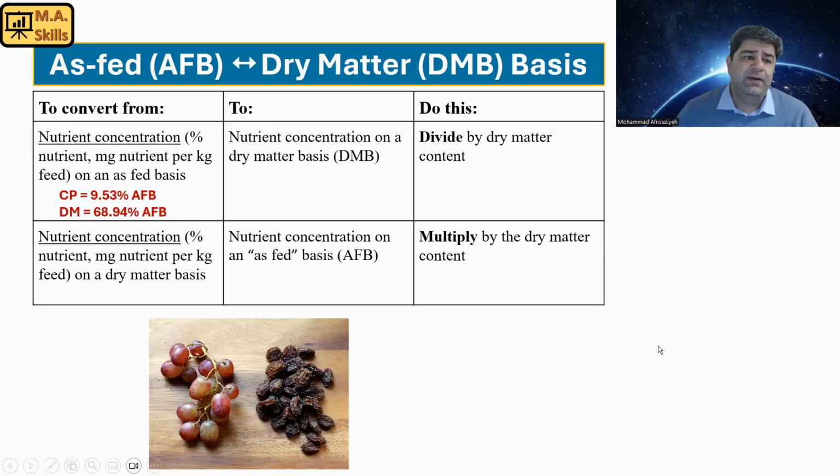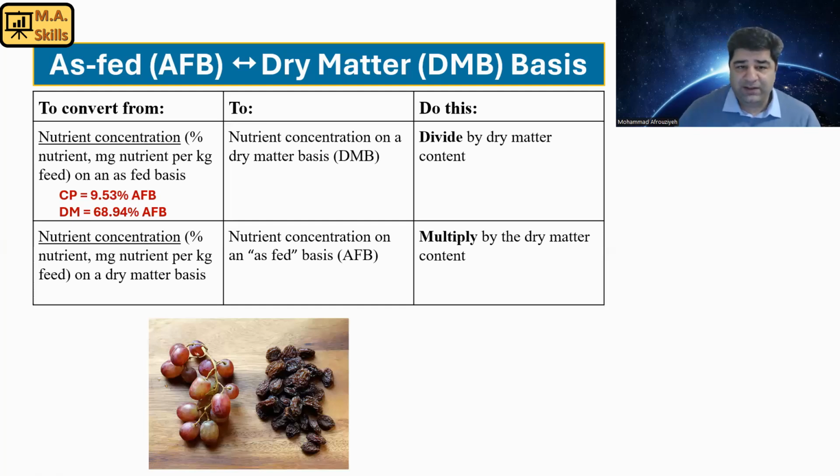So let's say if the crude protein of the food is 9.53% AFB, AFB means as fed basis, and let's say the dry matter is 68.94%.